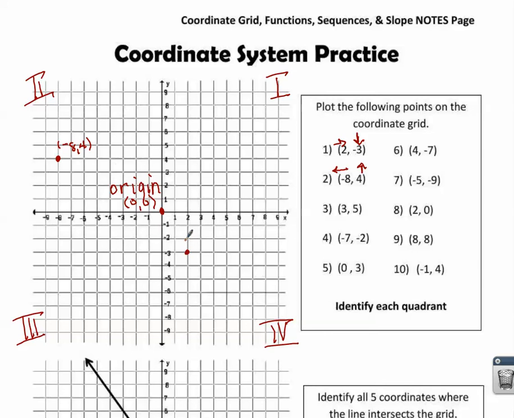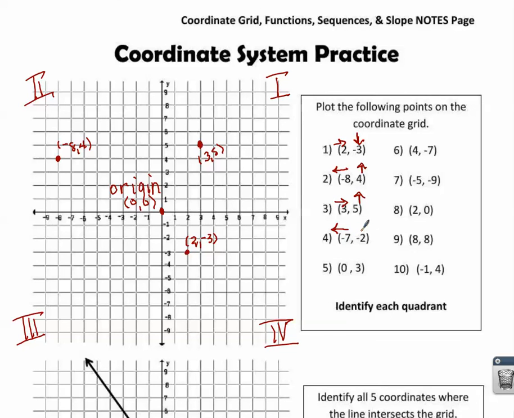Let's label our points. Number 3 is a positive 3, so I'm going to go right 3 because it's positive, and a positive 5, I go up. Start at the origin, walk 3, fly 5. Label. Negative 7, negative 2. So my x is my first value.